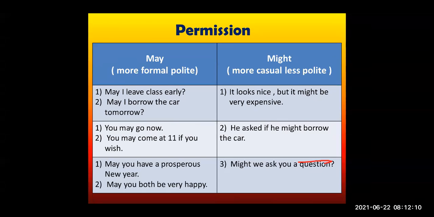When we want to ask permission or give permission, the function permission, may is used when it is more formal, polite, and might is used when it is more casual, that is less polite.